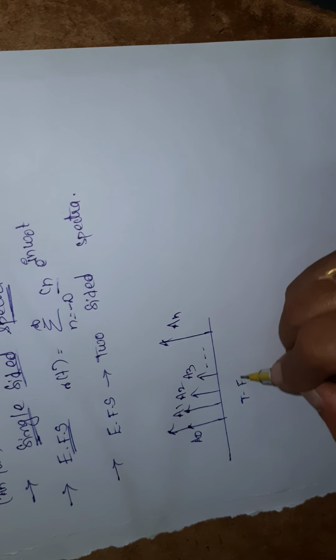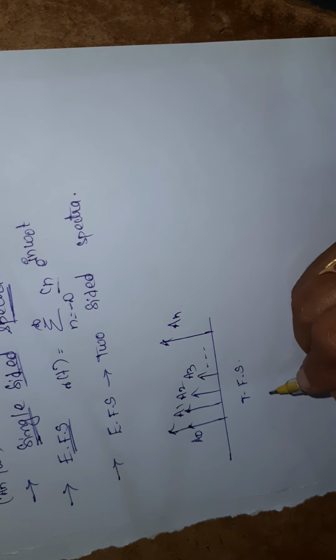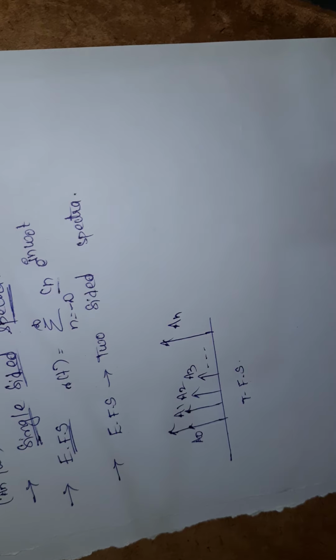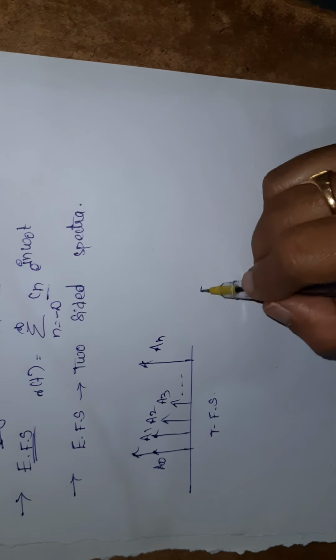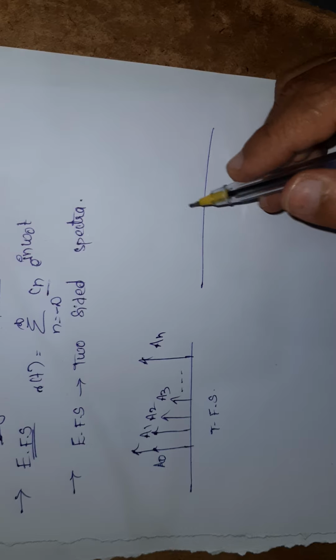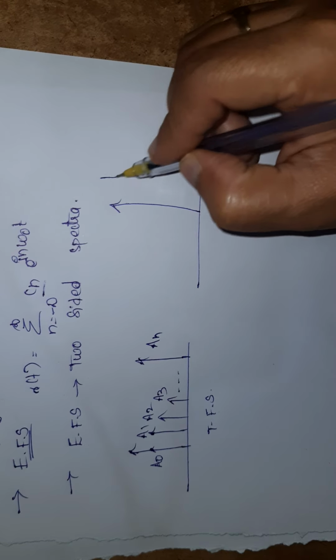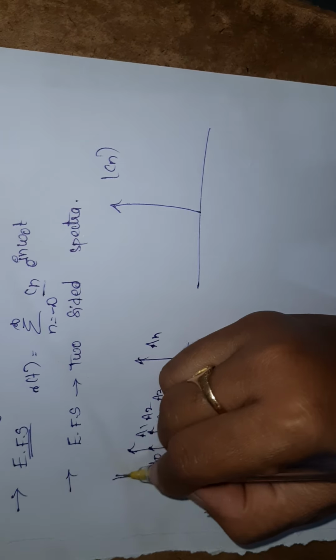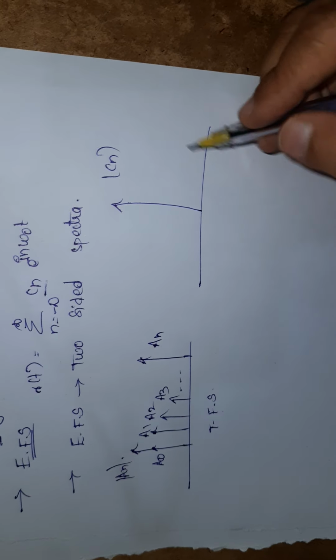If I draw the complex exponential Fourier series spectrum, this is Cn, this is An.